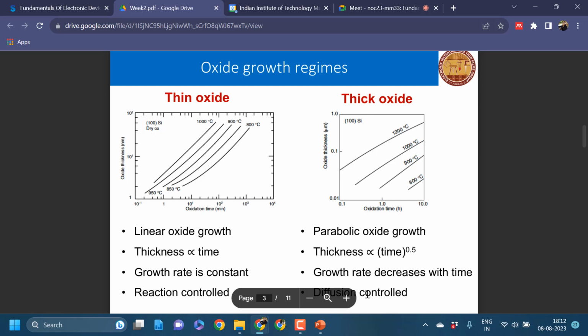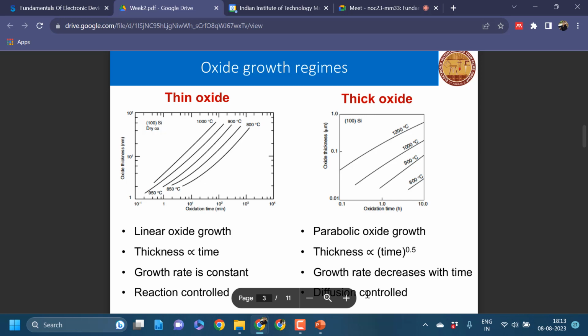First, the oxidizing species has to be transported from the bulk to the oxide gas interface. That is one process. Then diffusion has to happen through the oxide layer. Finally, reaction has to happen between silicon and oxygen to produce the new oxide layer.